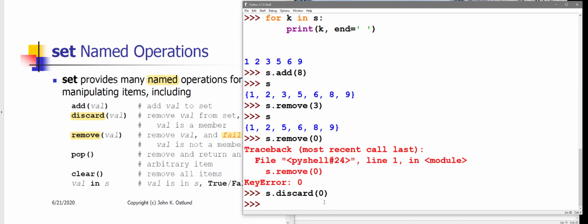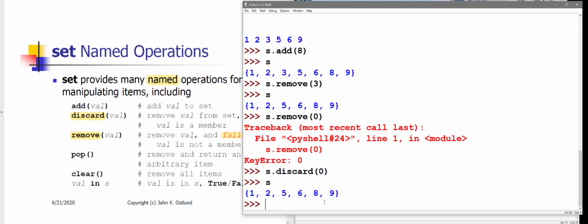Now, I guess the theory here is that removing an item from a set that doesn't exist in the set doesn't change the set, so why complain? Okay, so you have your choice between one method, discard, that never complains, and the other method, remove, that will complain if the item you're trying to get rid of doesn't exist.